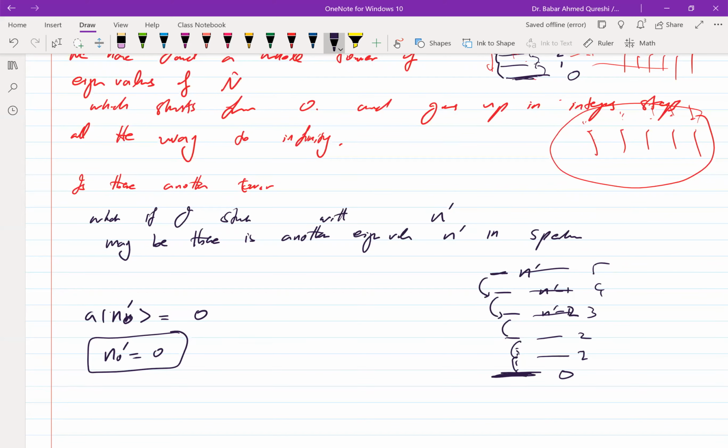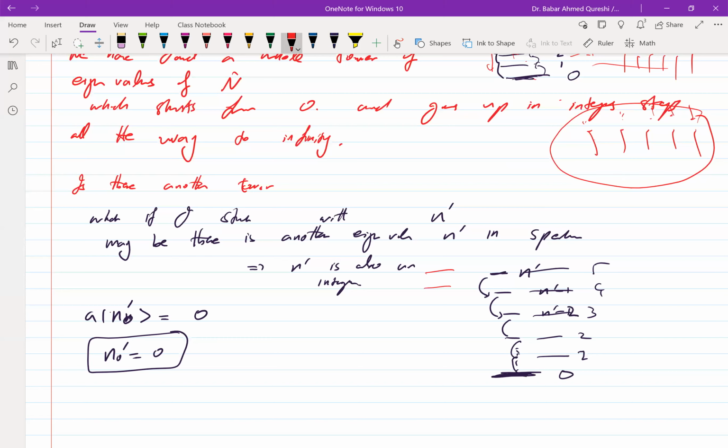So that means this n dash, which I chose, is also an integer. This was clear once I proved that you start with any eigenvalue, you come down in unit steps, you hit the 0. So no matter which number you start from, that number is forced to be an integer. There's no other possibility.